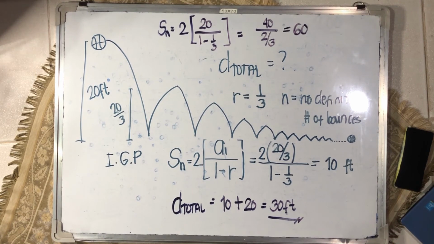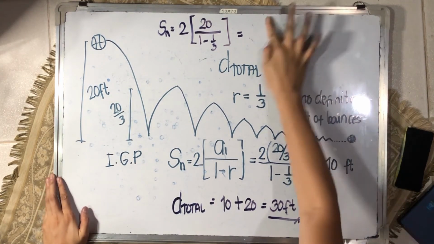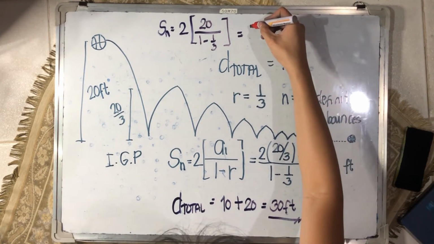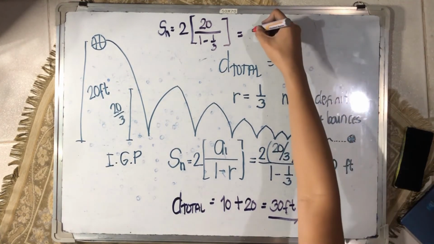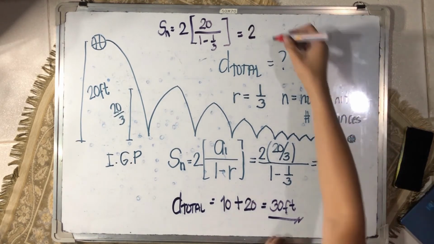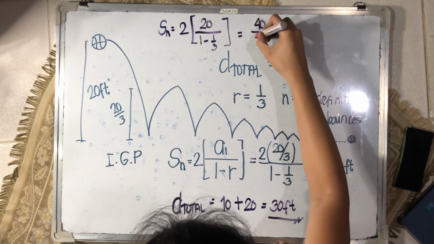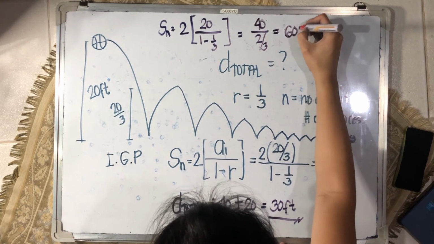Wait, guys, we're making a mistake here. The 2 is actually outside. PEMDAS. This would be 40 over 2/3, and this would be 60 feet.